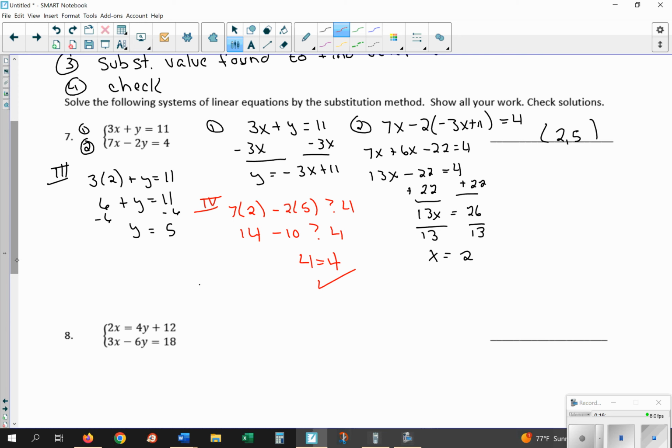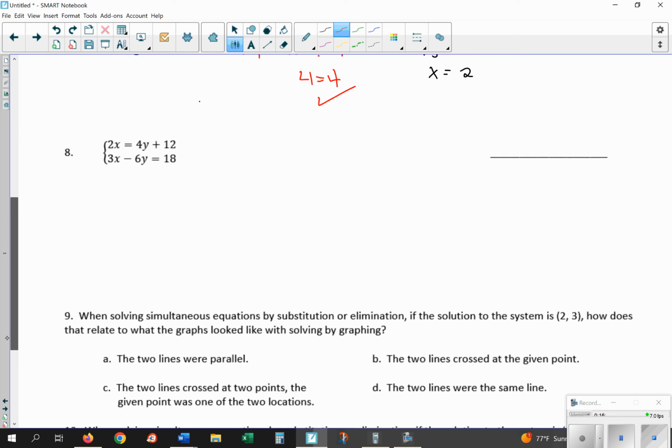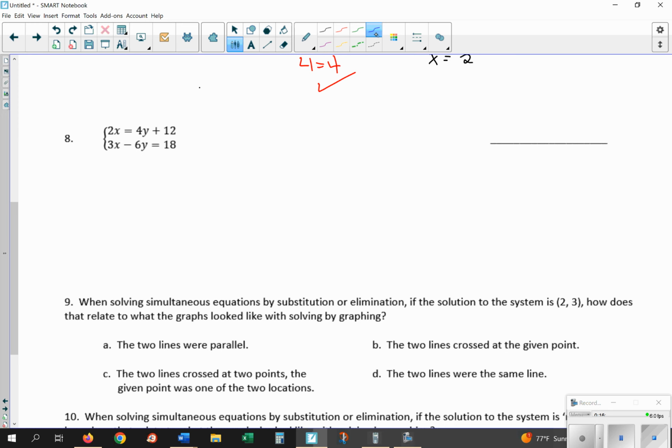Now that means this last one has to be my infinitely many solutions, so let's see if that happens to be. Again, notice that I happen to have one of them partially ready to go, so my equation 1, I'm almost ready to substitute.